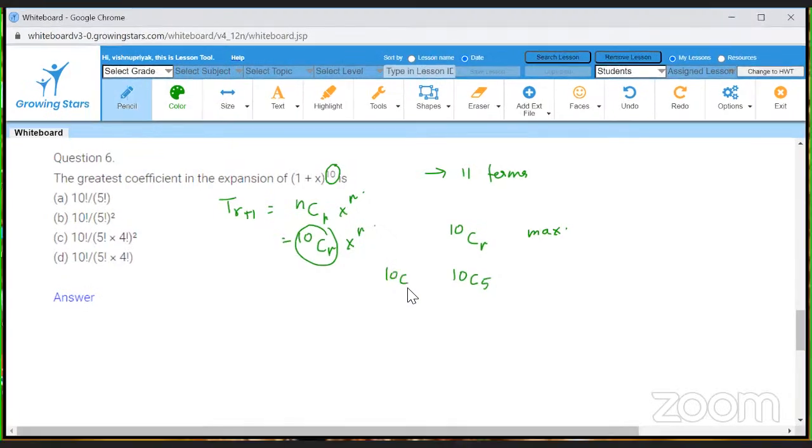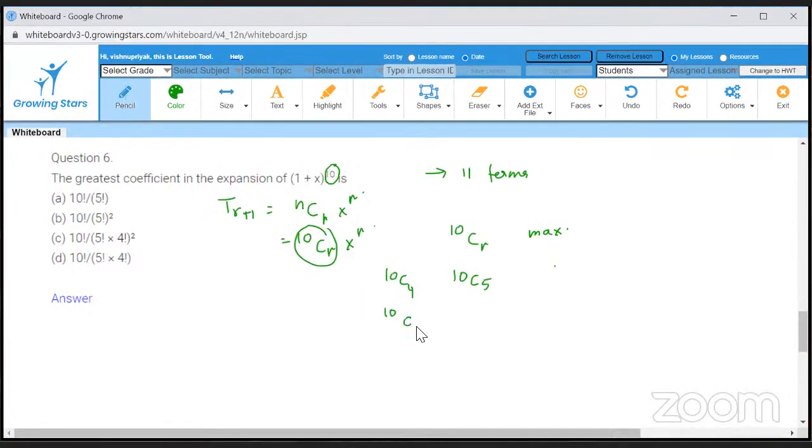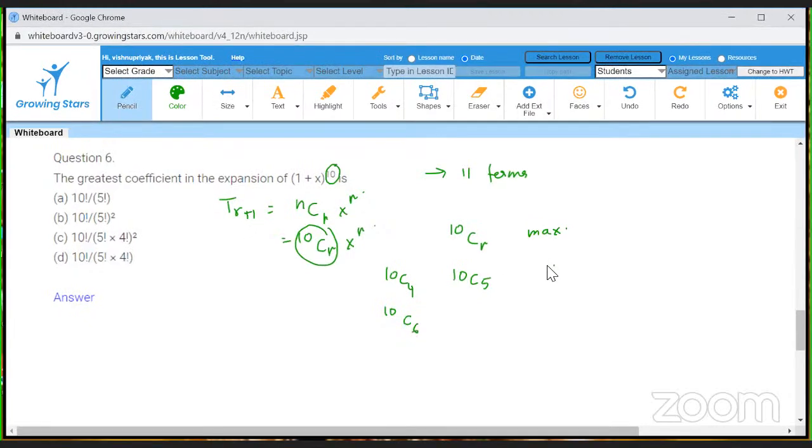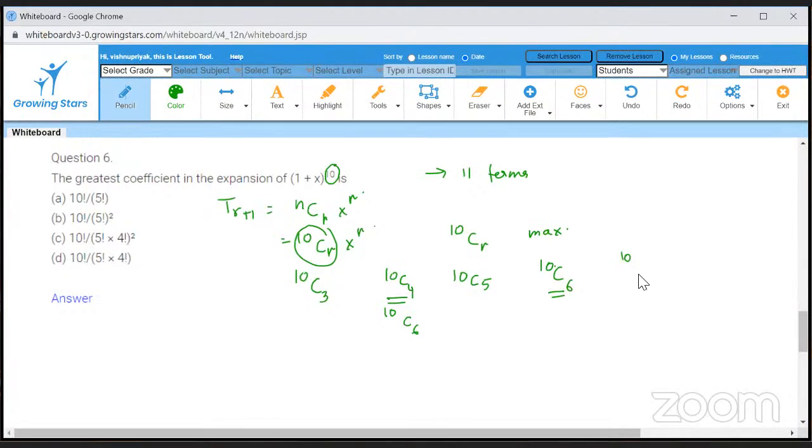If you take 10C4, it will be the same as 10C6. If you take 10C3, it will be the same as 10C7.